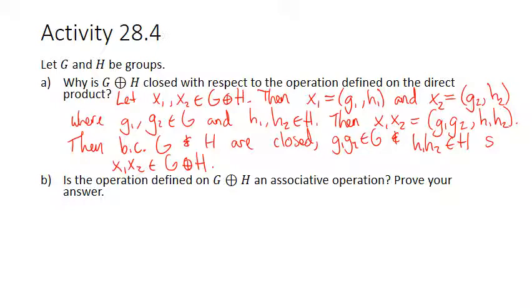Okay, so part B: is the operation defined on the external direct product an associative operation? Prove your answer. Okay, so let's give this a try. I'm going to let x1, x2, and x3 be in the external direct product.